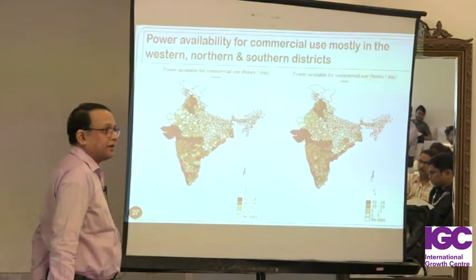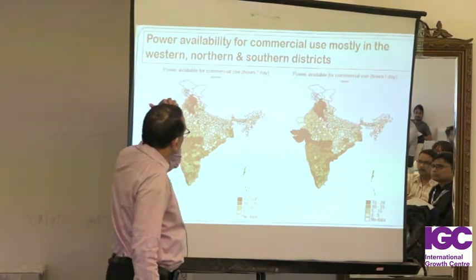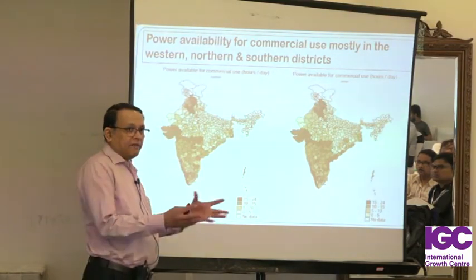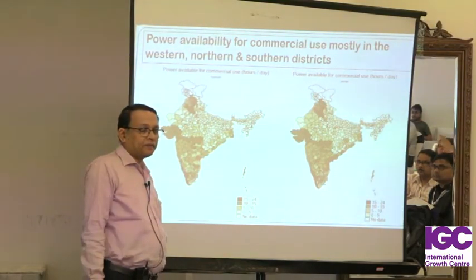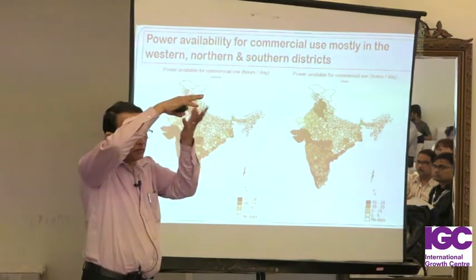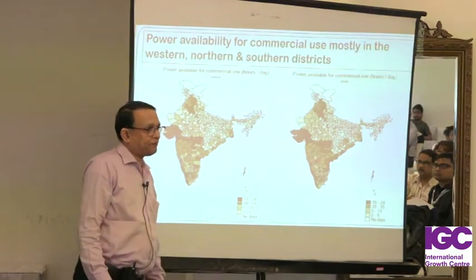So this is using that data. These are at the district level: what is the average power availability? From villages we aggregate it to the district and it is shown in the map.